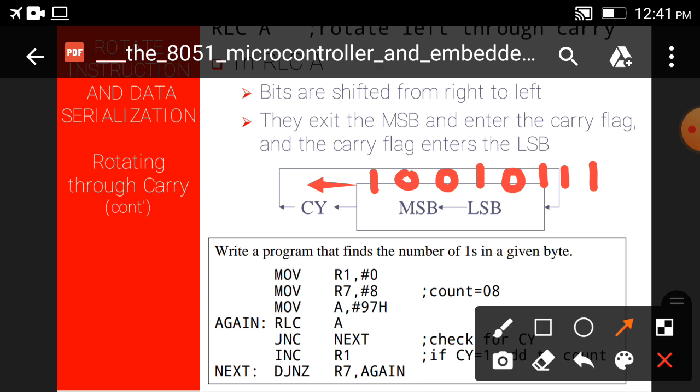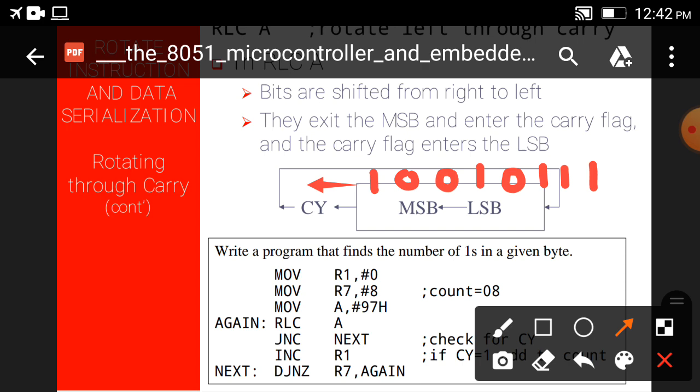The task is to calculate the number of ones in this particular byte. While moving towards the left-hand side, when I write the instruction RLC A, the first MSB bit will get its position as the carry flag. So that one will get moved towards carry.